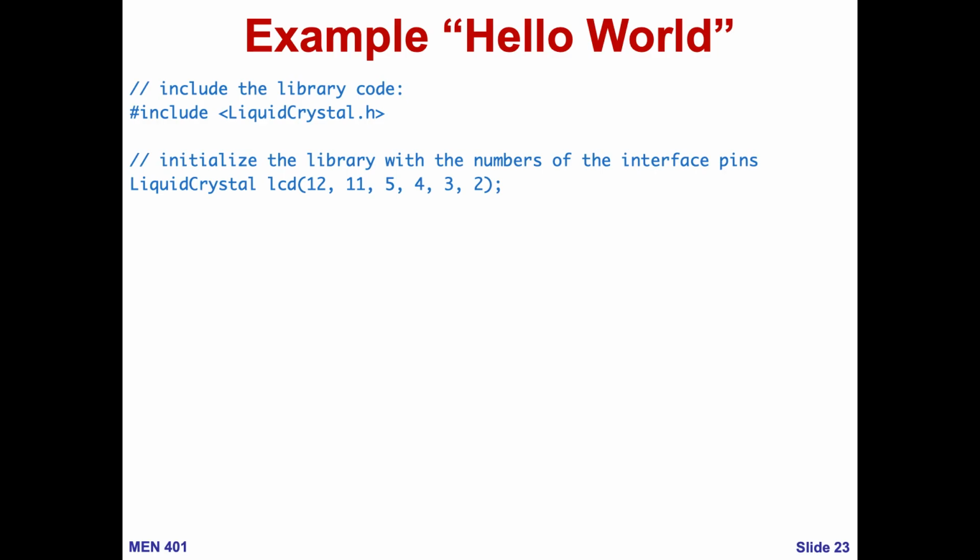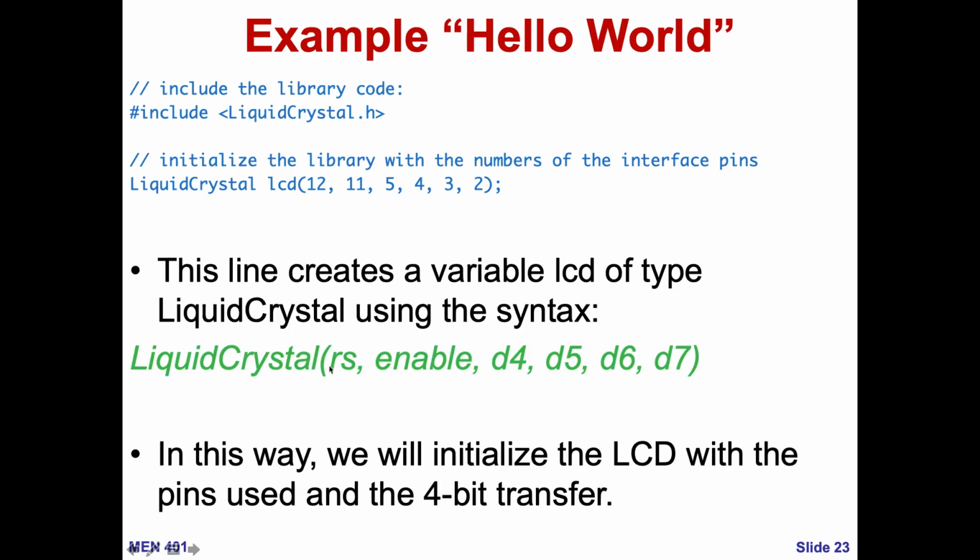Then what is important is to tell the microcontroller what the connections to the LCD are. So here I am creating a LiquidCrystal variable called lcd, and I am saying that my register select is connected to 12, my enable is connected to 11, and my 4 bits are connected to pins 5, 4, 3, and 2.